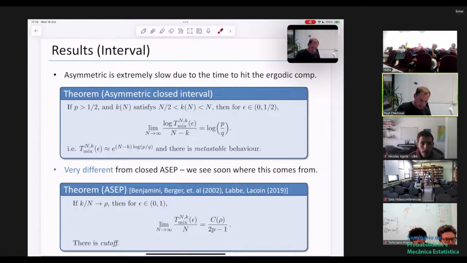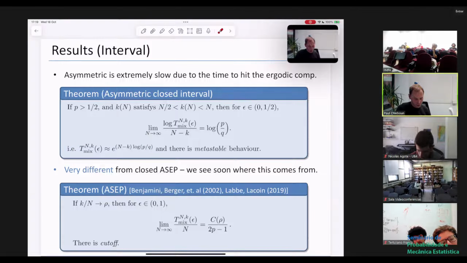To contrast, the asymmetric simple exclusion process on the interval is very different: it mixes in a time which is of order n. Here, this is exponentially slow.